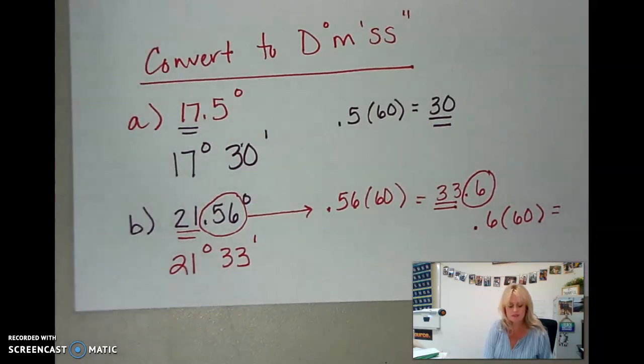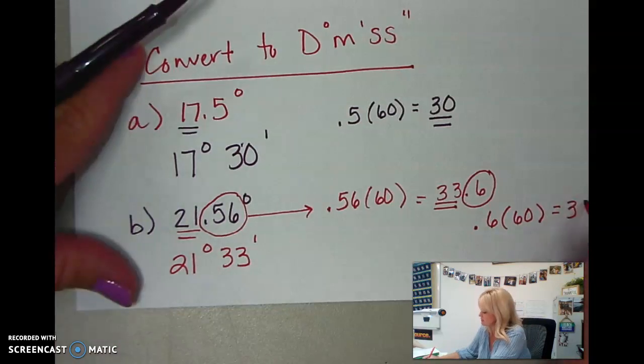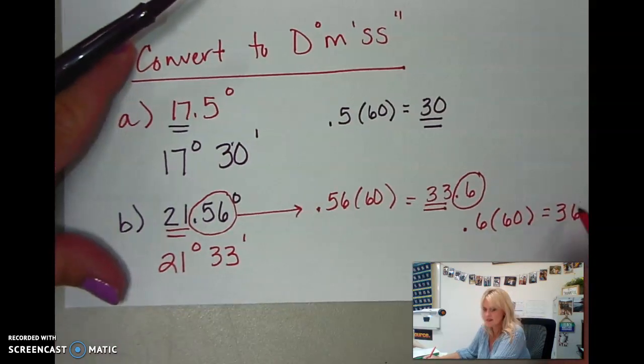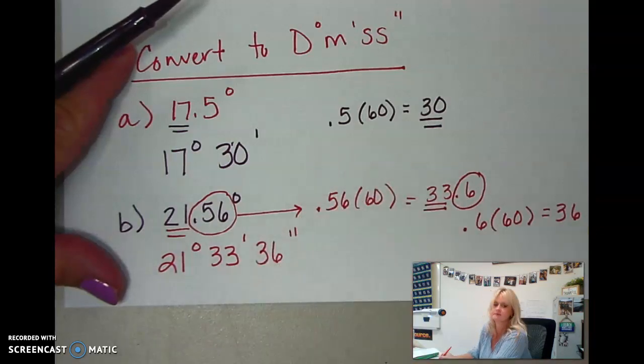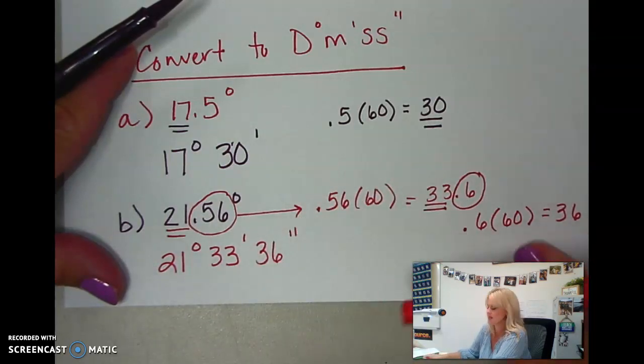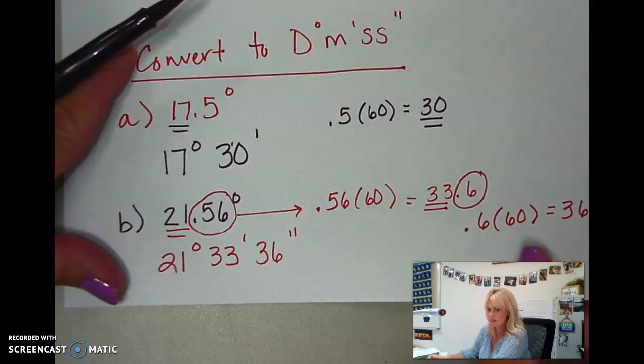So now we're going to take 0.6 times 60, and we end up with 36. This now is our seconds. It's a little bit confusing because of the extra multiplication in here, why we don't use 3600, but try your best.